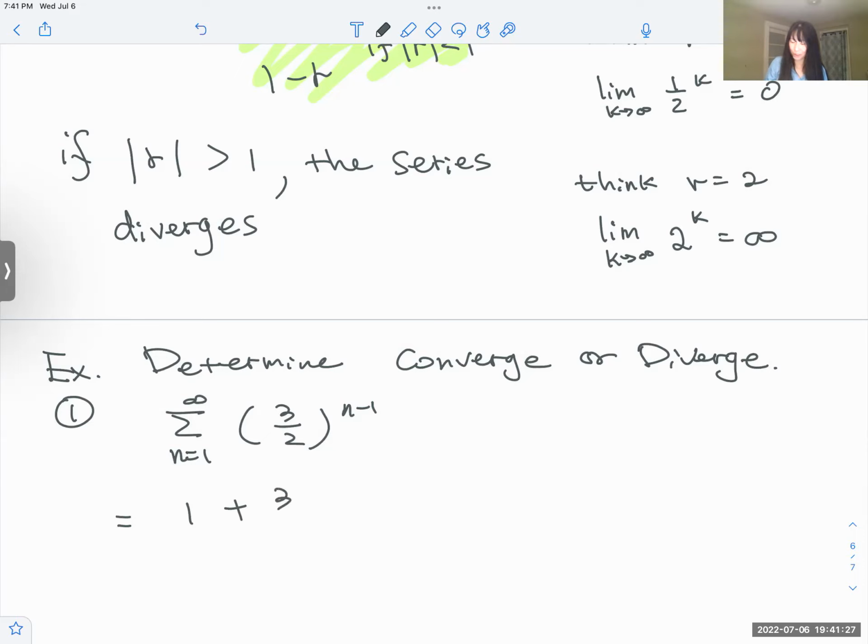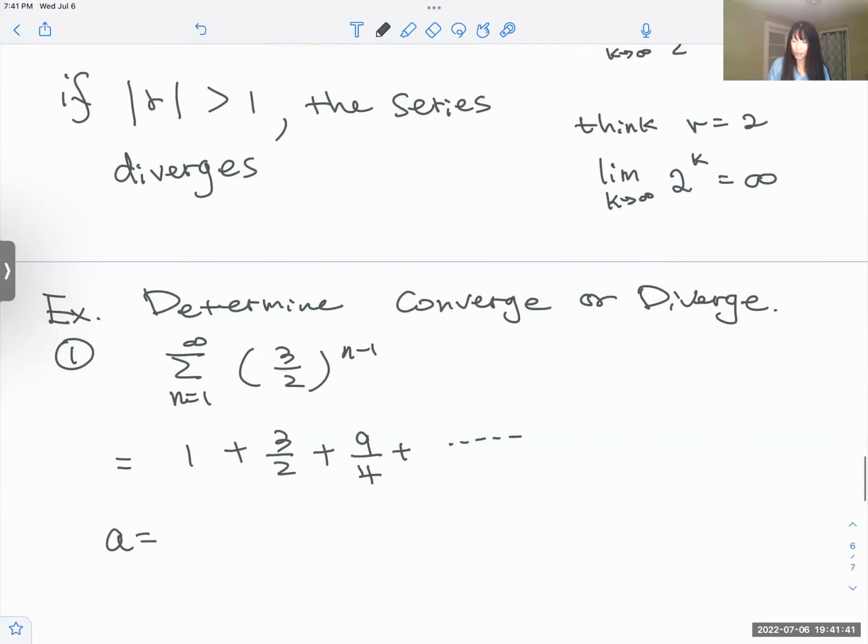When n equal to 3, it's 9/4. Okay, like that. Now what is a in this case? 1, the initial term, right?